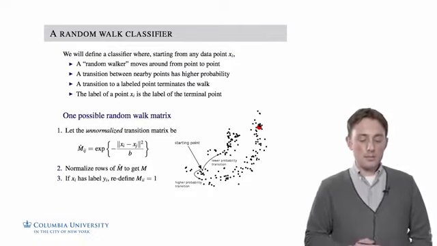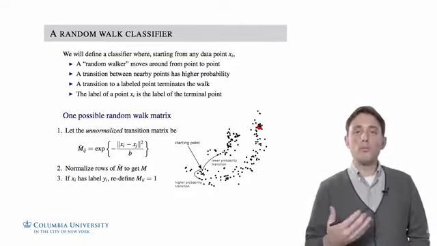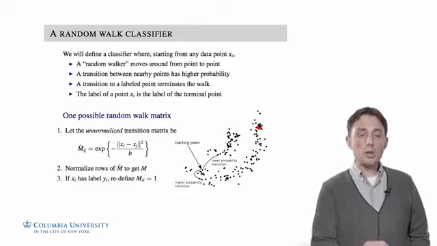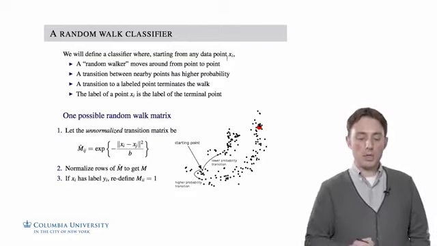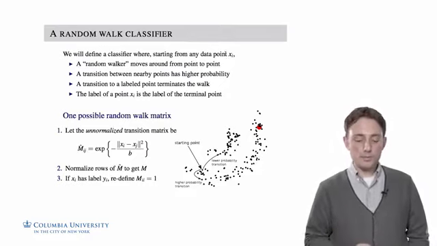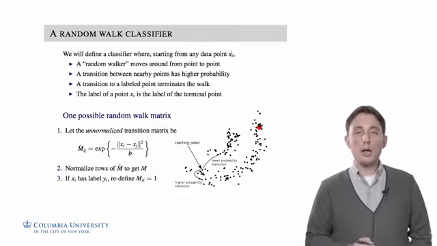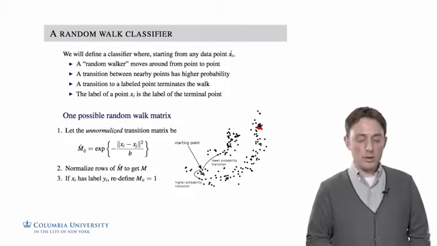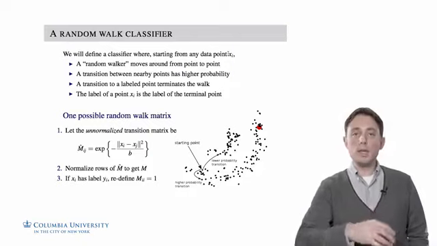So in this case, the modeling motivation is to start a random walk at a particular point xi. So we're going to define a classifier where we take any particular point that we want to label. For example, we want to label xi. It doesn't have a label. And we start a random walk at that point. So the random walker at xi moves between the data points.